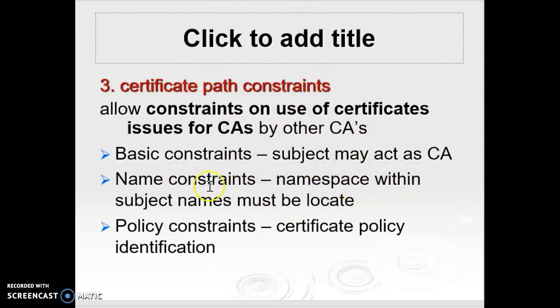Then the policy constraints specify constraints that may require explicit certificate policy identification, or that may require policy mapping for the certification path. So there are three things here: basic constraints, where the subject may act as a CA; name constraints, the namespace within which the subject names may be located; and policy constraints, in which policy identification is carried out. So these are the version 3 extensions of the certificate.